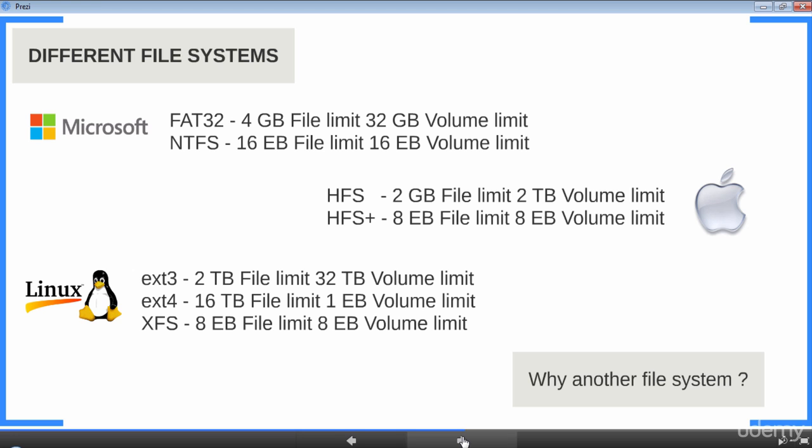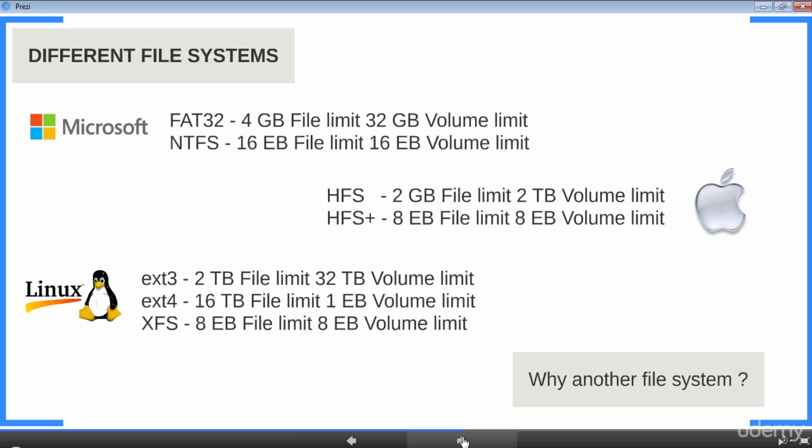The numbers listed in this slide are baseline numbers, okay? The size limits can be more or less based on the file system configuration. So, if you use Windows 95, 98 or Millennium version, you probably use FAT32. Next generation file system from Windows after FAT32 is NTFS, New Technology File System.